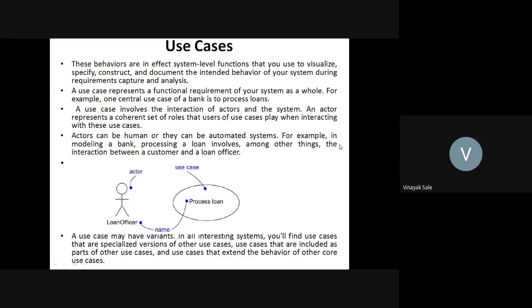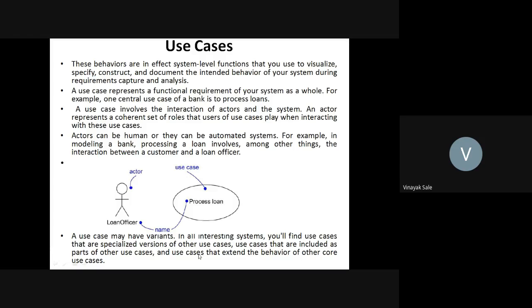For example, in modeling a bank, loan processing involves, among other things, the interaction between customer and loan officer. So this figure shows the actor roles of customer and loan officer. The same actor can act as a loan officer as well as a customer.